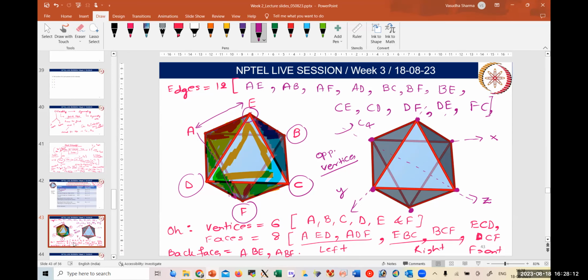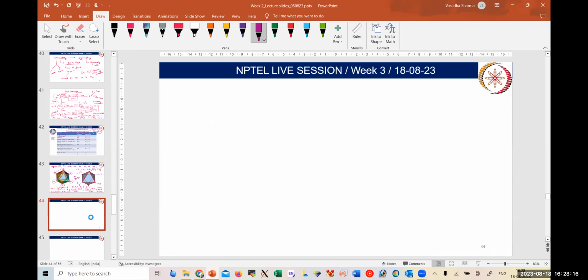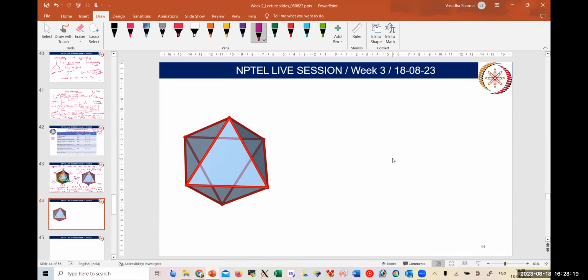So we have 3 C4s in 3 axes. These are all 90 degrees perpendicular to each other. So 3 C4s are there.